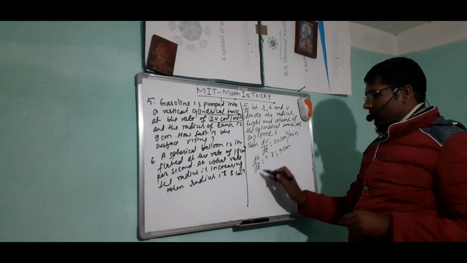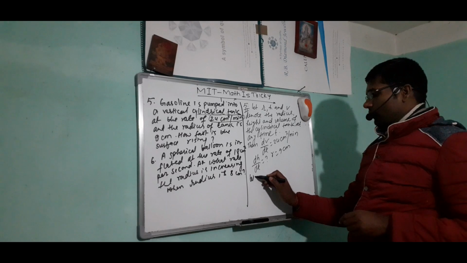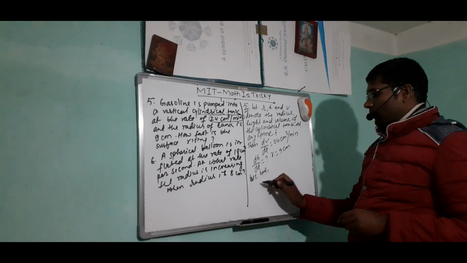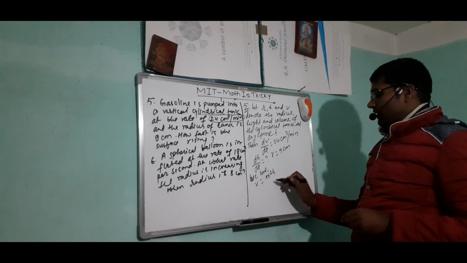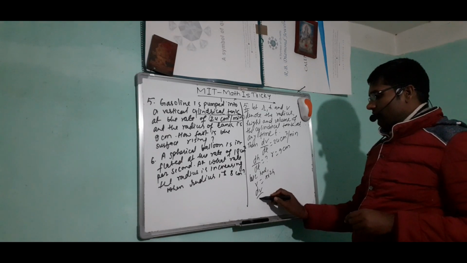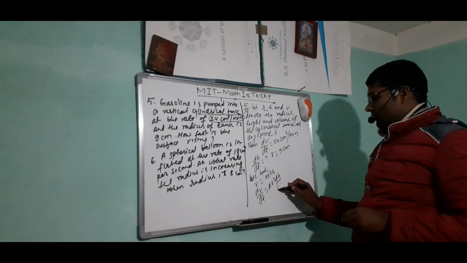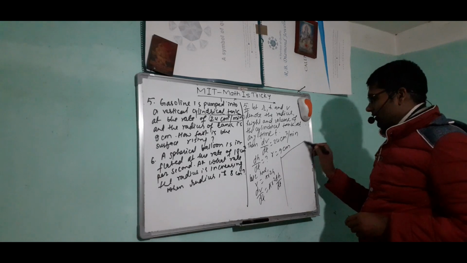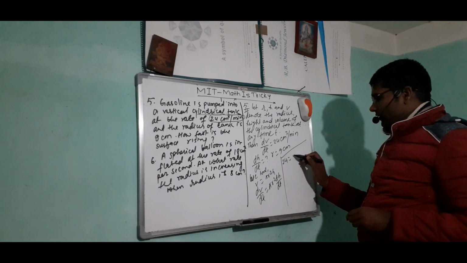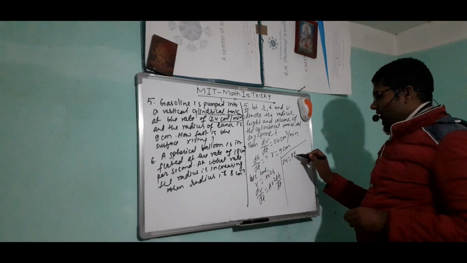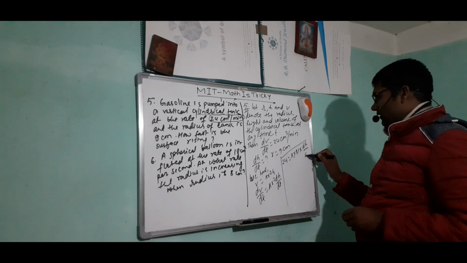So let's start with the given one. We have V equals pi r square h, and then dV by dt will be pi r square dh by dt, which gives here 24 equals pi r square, which is 81, into dh by dt.